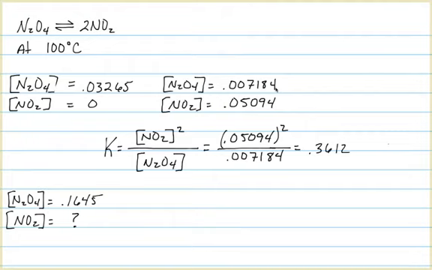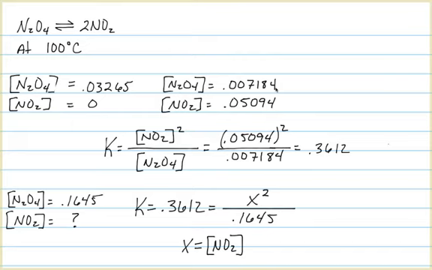Say, for example, we have a reaction and we've measured the concentration of dinitrogen tetroxide at equilibrium as 0.1645. What's the concentration of nitrogen dioxide? Since we know what the equilibrium expression is, the only variable we're missing is the nitrogen dioxide. So we plug in the constant we just determined, 0.3612, and x squared for our nitrogen dioxide, because in our equilibrium expression nitrogen dioxide is squared, divided by the concentration of dinitrogen tetroxide.